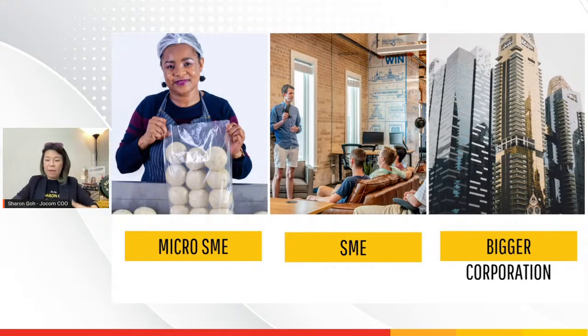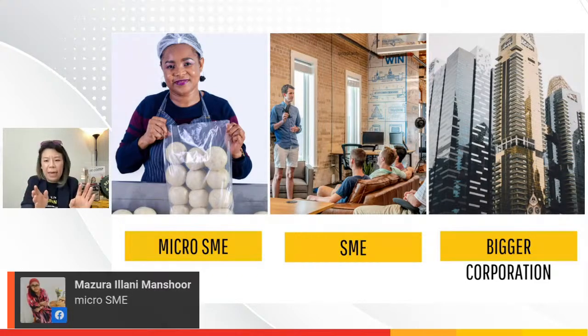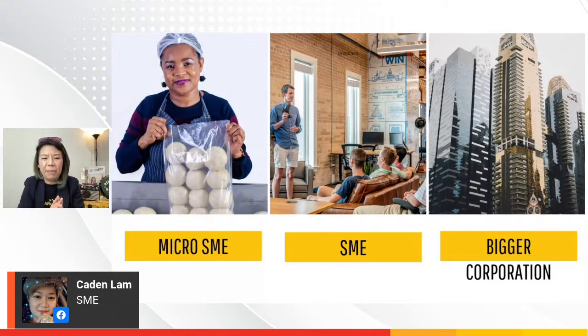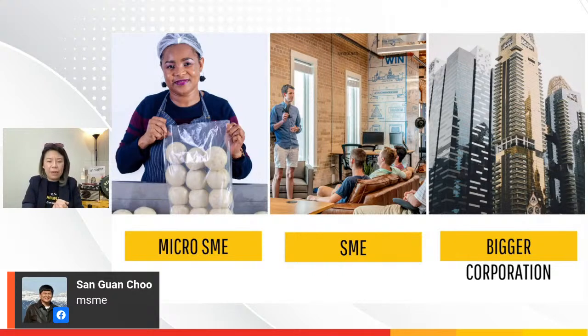So that I will explain more in detail; if I can see more SME, then I can go more into SME. So how do you differentiate micro SME, SME, and bigger corporation? In the micro SME and SME part, it's very easy to tell.